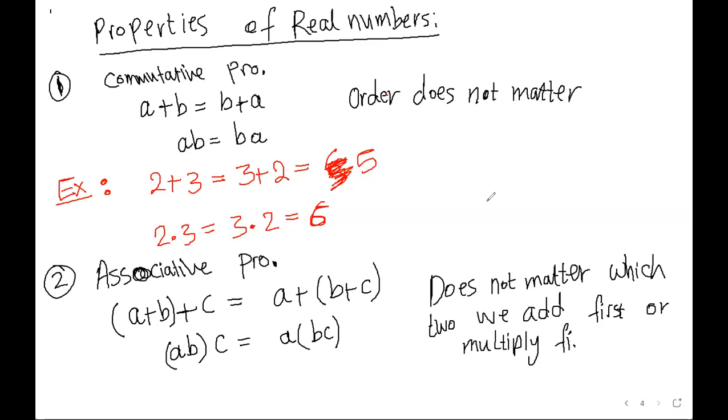I'll give you an example, the same example as above. We'll take 2 plus 3, plus 5, is the same as 2 plus 3 plus 5. Both of them have the same answer, 10. Here the answer is 10, here is 10.